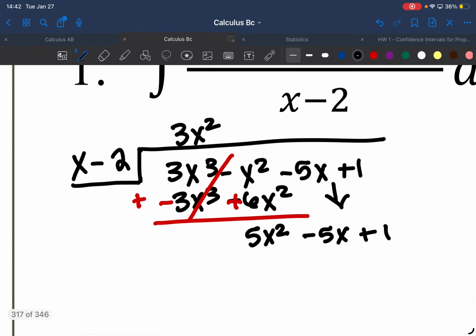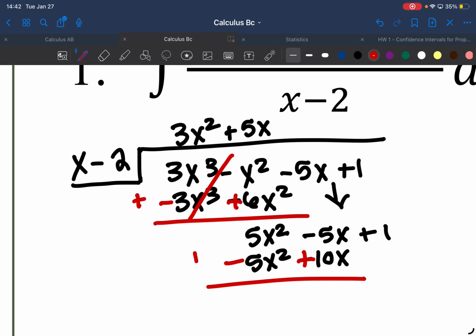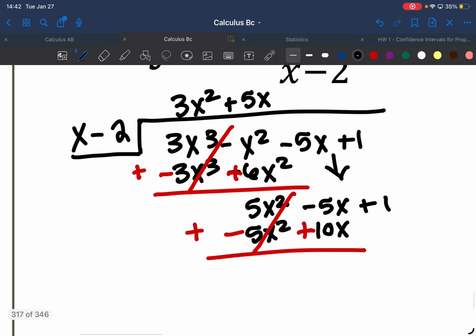So my next part is, what can I multiply x by to get 5x squared? 5x, so plus 5x. So I have 5x squared minus 10x. Change the signs, add down, the first term should cancel. Then I have 5x and bring down the 1.